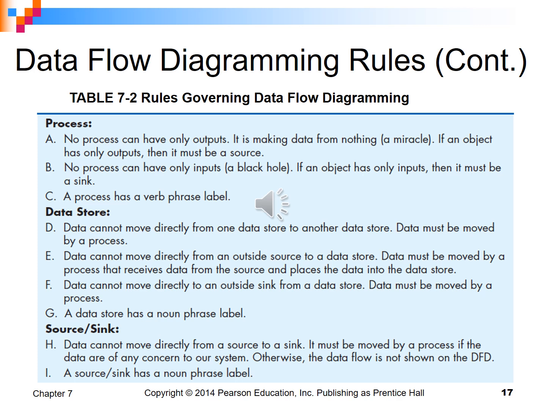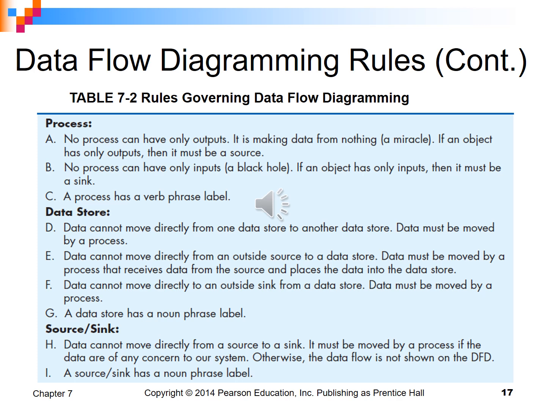Let's try to read these rules. We actually talk about them. Process: for the oval, no process can have only output. If you see an oval and there is an arrow leaving it with no arrow going inside that process, there is a problem. As we say here, it is making data from nothing. It's a miracle.